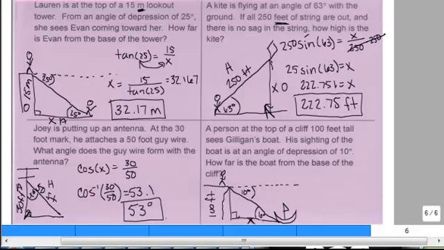So right here. So my x, since it's right here by this angle, is my adjacent. My 100 is my opposite. We know that's tangent, which is opposite over adjacent. These two flip-flop.